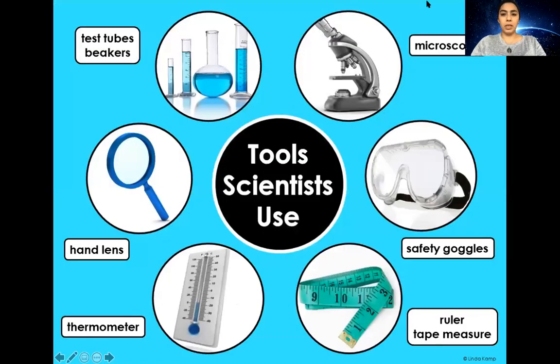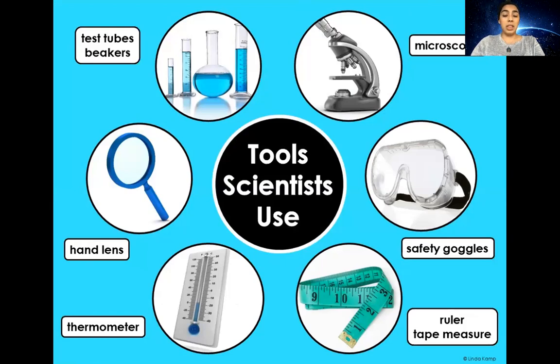So, let's review some of the things that we talked about. So, scientists use test tubes. These are test tubes and beakers. Can you say that with me? A beaker and test tubes. They use these to measure.